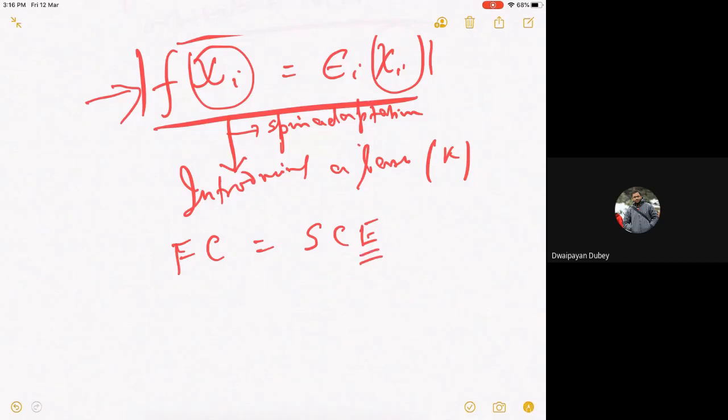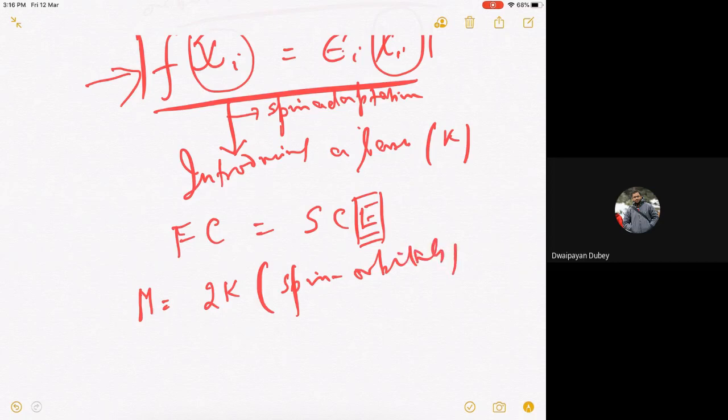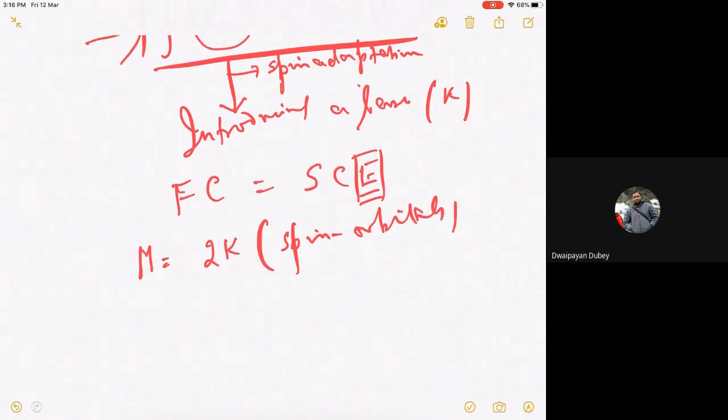This is the diagonal matrix containing the orbital energies. So I can get k number of spatial orbitals in a k basis. And if it is a spin basis, then my m becomes 2k. That's the number of spin orbitals. So that I construct later by adding alpha or beta spin.